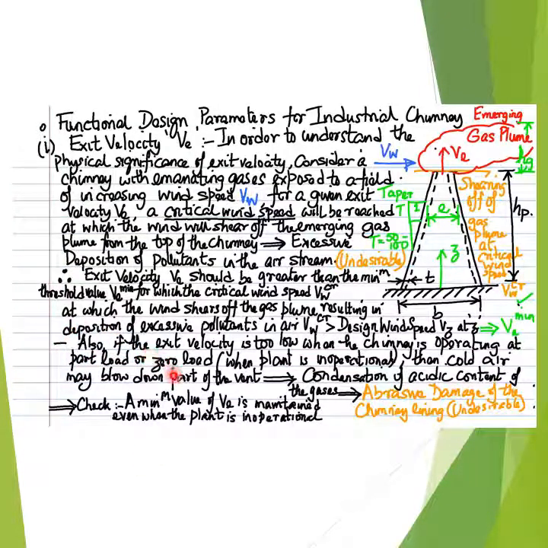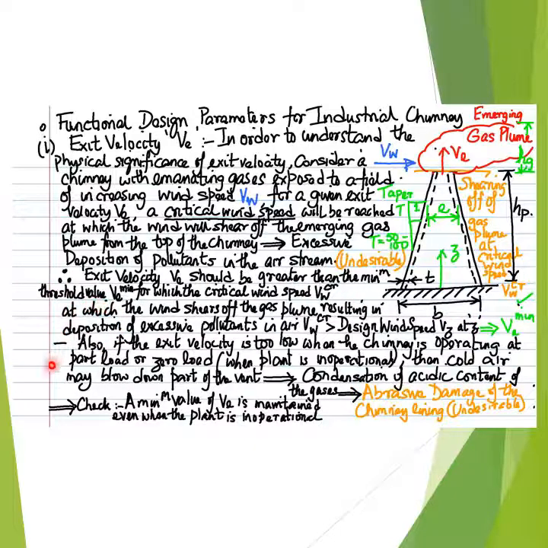Additionally, if the exit velocity is too large or too small, that is, if the exit velocity is too high or too low, then there are some additional implications on the performance of the chimney.